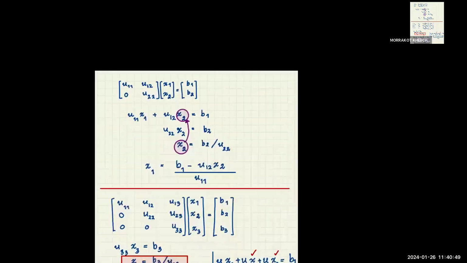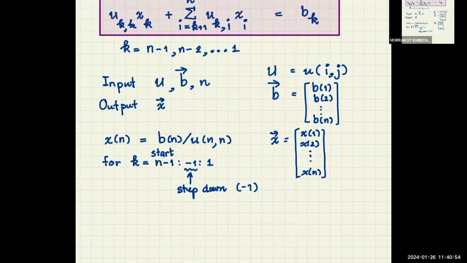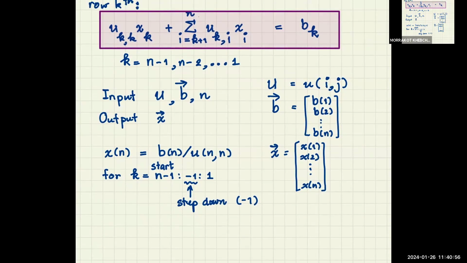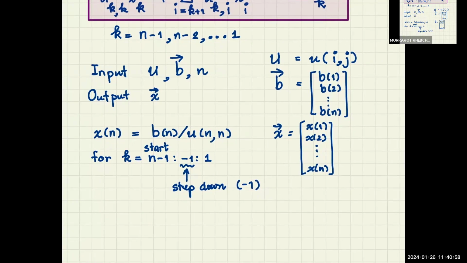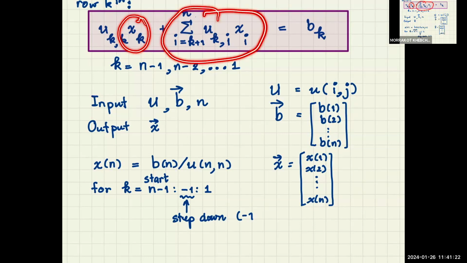Okay, so now since the algorithm is this one, let's see. You step down by -1. And then what you have to do, you're going to have to find x sub k. x sub k, subtract by all of this summation.